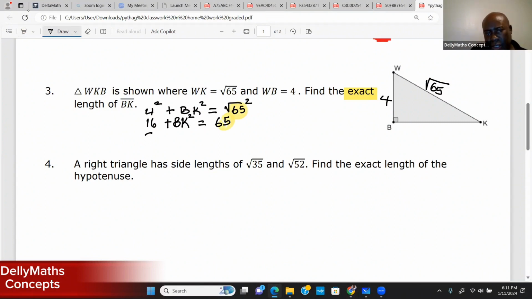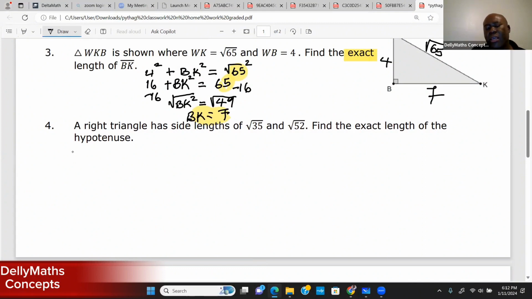In an effort to solve, I'm going to subtract 16 from both sides. So BK squared is equal to 49. To find BK, I'm going to take the square root of both sides. So BK is 7. So the exact value is 7 here. We never had to round it off or anything. This distance is 7.